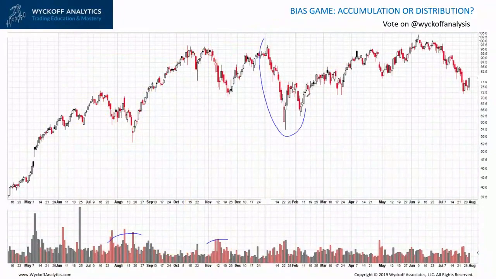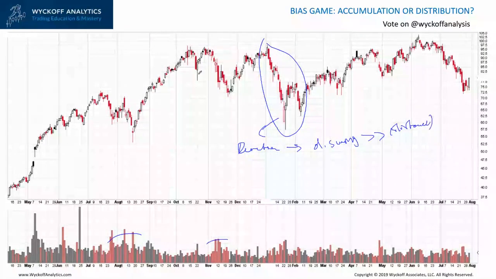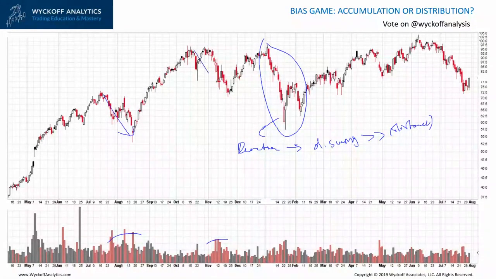And I think this was very telling. So this is where the story changes. And here we're seeing that the reaction results in a downswing that is increasing in distance traveled. So we have one reaction, we have a second reaction, now we have a third reaction.